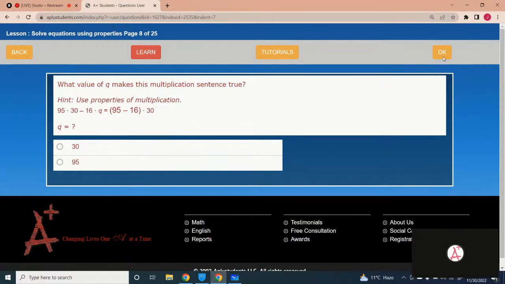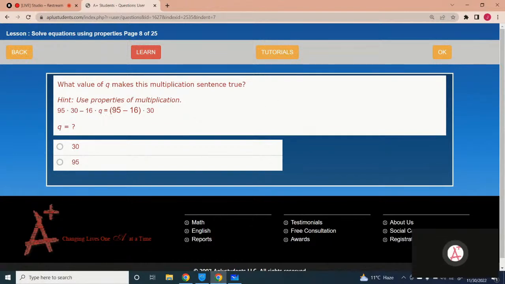Which option is the correct one? It would be, which number is it? No, it is 30.